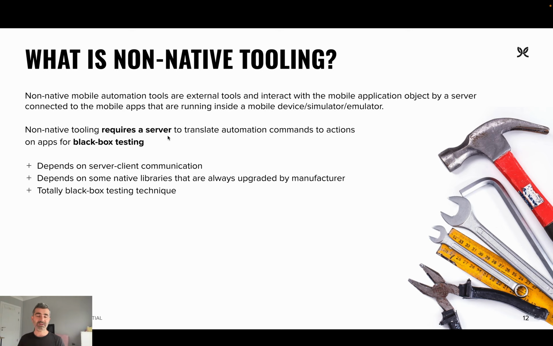It is an external library that can handle the mobile automation, and the tool itself requires servers to make the connection between your application and your automation solution, and the overall system is a black box.